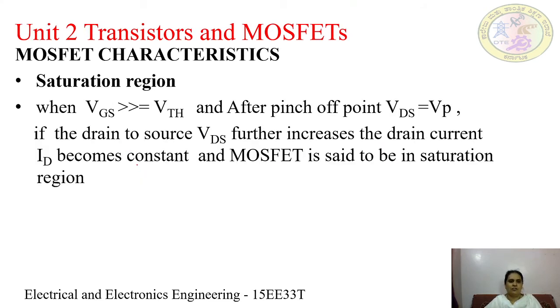So if my value of VGS is much greater than VTH, or after the pinch off point, VDS is greater than or equal to VP, the drain current becomes constant however much you vary the value of VDS.